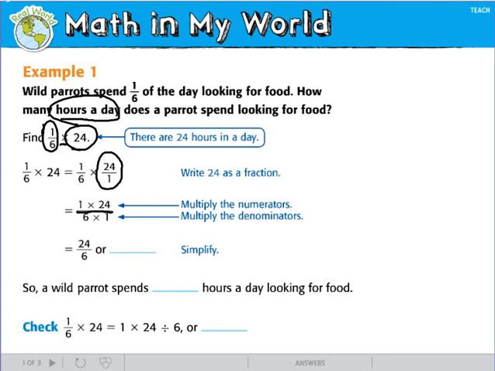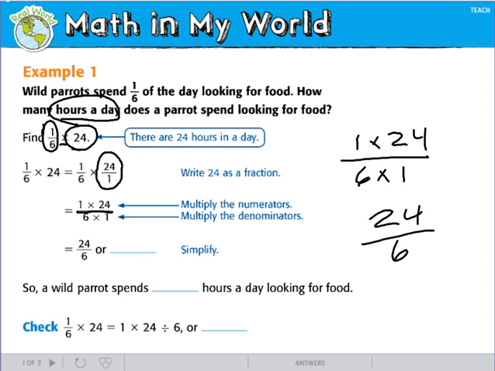So we'll have 1 times 24 and 6 times 1, which is 24 over 6, since 1 times 24 is 24, and 6 times 1 is 6.